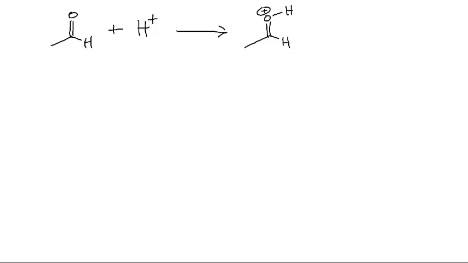All right? And again, don't try and copy all this down. This is just an example for fun. Makes the carbon-oxygen double bond weaker. So now what can happen is water can come along and react with this.